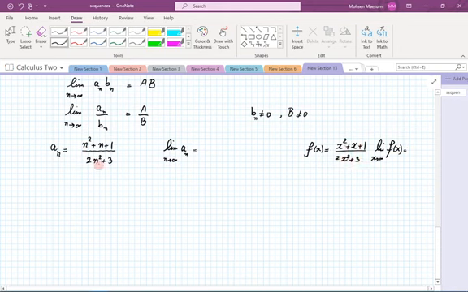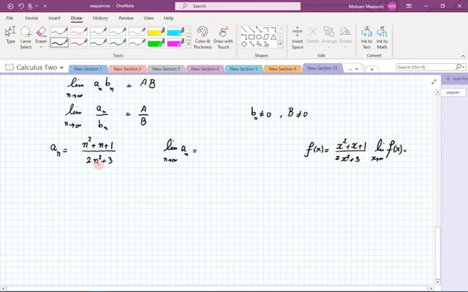So now we can say the limit of a_n is the same as the limit of this expression. That limit is the limit of the numerator divided by the limit of the denominator by using this fact. Now the limit of the numerator is a sum of several limits using this fact. This is the sum of the limit of 1, the limit of 1 over n, and the limit of 1 over n squared.